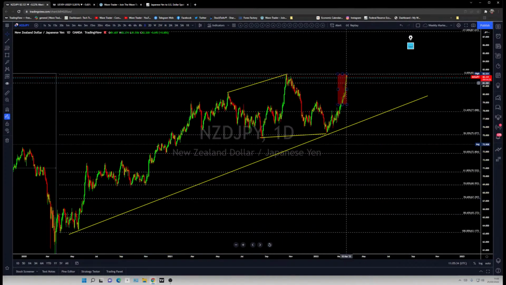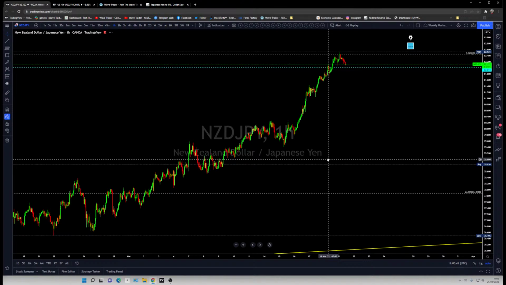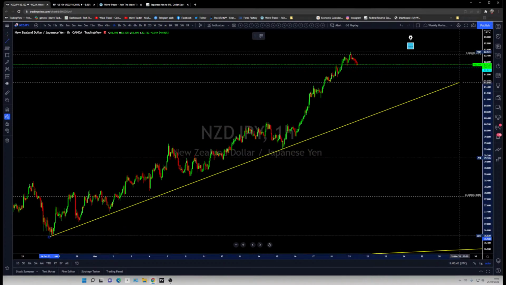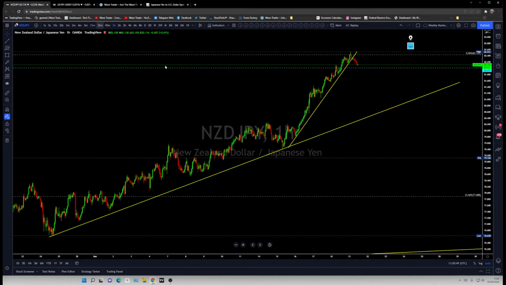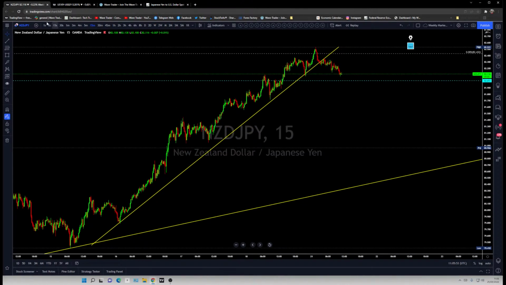So you are looking at very similar price action to what I have shown on the dollar yen or Kiwi pairs. Right now they are still bullish, similar to the dollar yen.